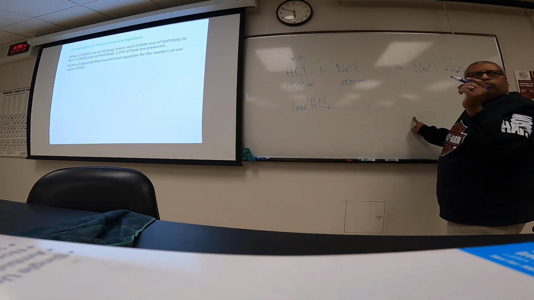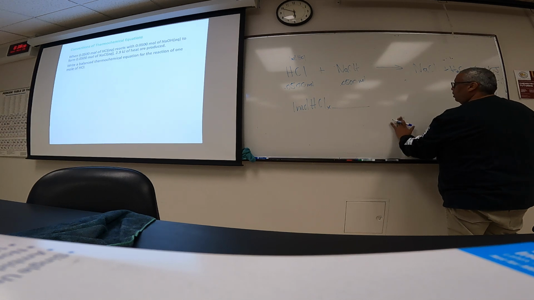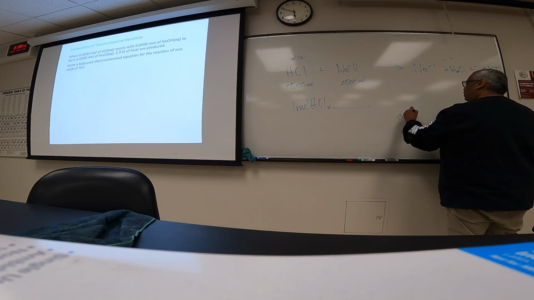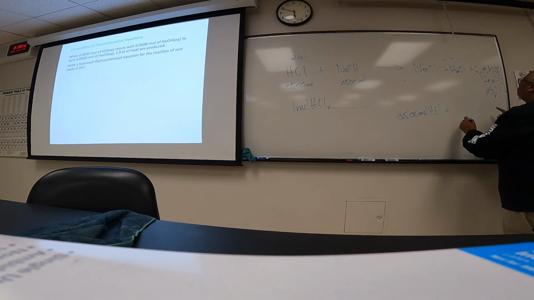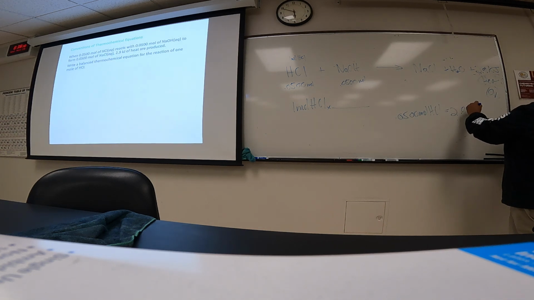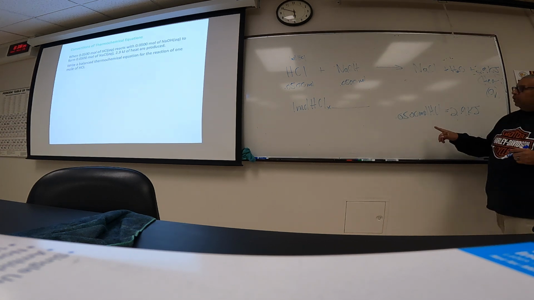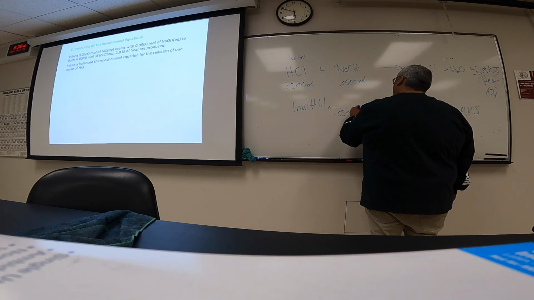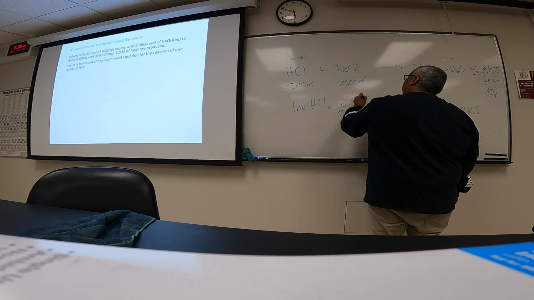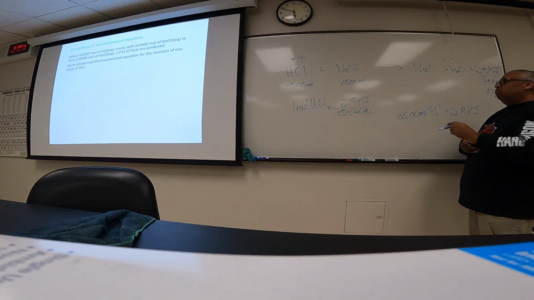We know that 0.0500 moles of hydrochloric acid produces 2.9 kilojoules of heat. So for every 0.0500 moles of hydrochloric acid, we're going to get 2.9 kilojoules of heat, and this unit simply cancels out this unit.